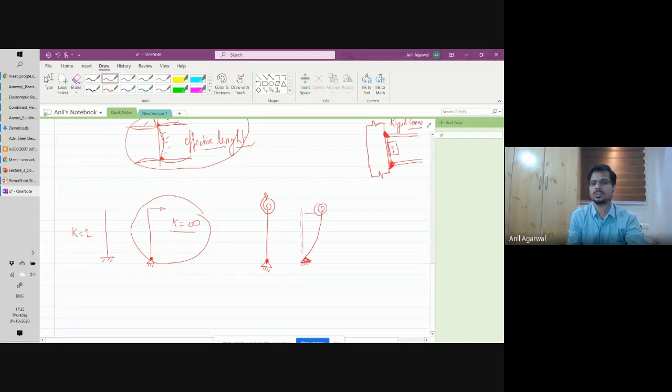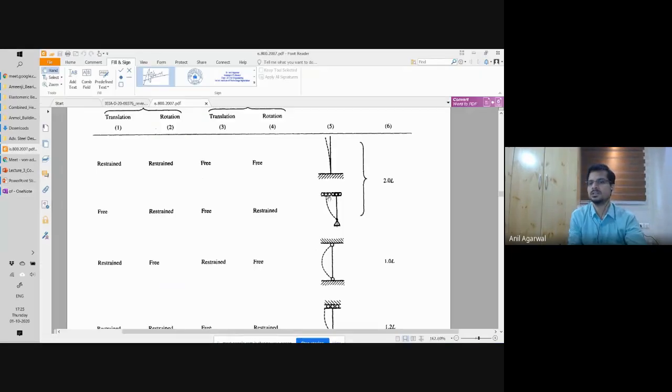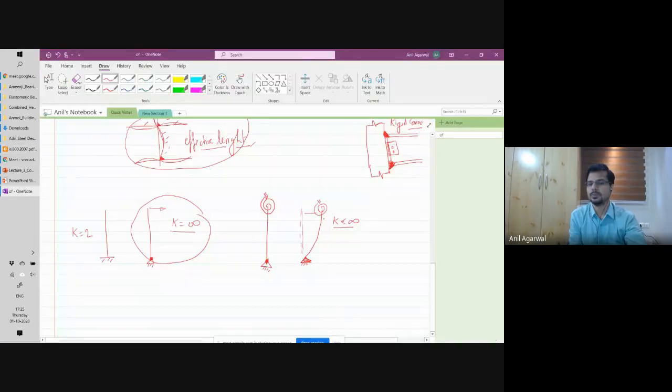And since that rotation was restrained, this K value will be less than infinity. It will not be infinity. If that spring is very, very rigid, you will get this second case where the K value is taken as 2. But if the spring is very flexible, that is the same case as this one.